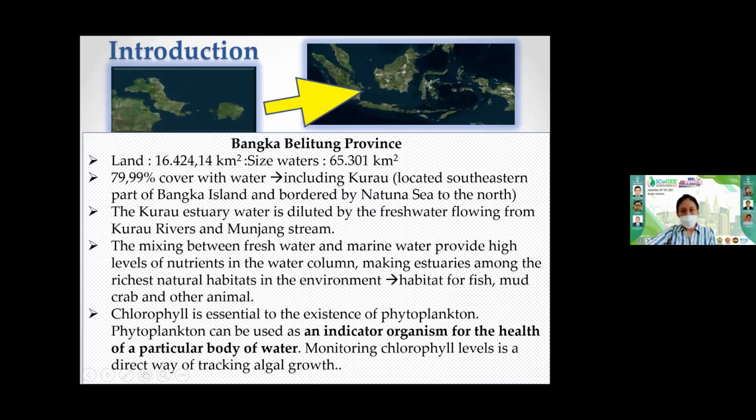For the introduction, Bangka Belitung is one of the provinces in Indonesia.